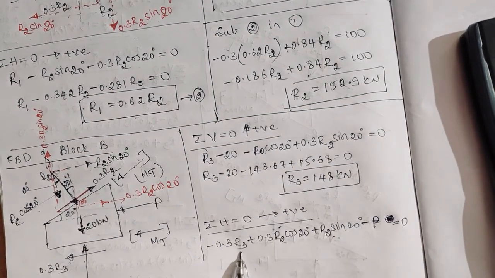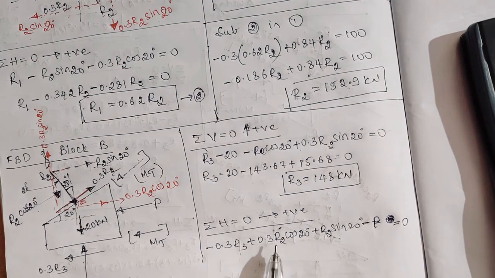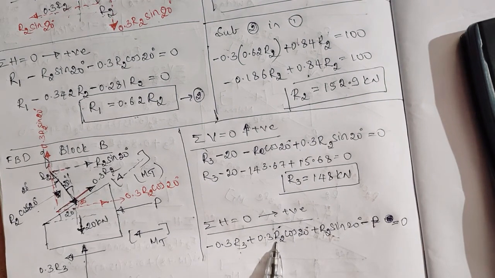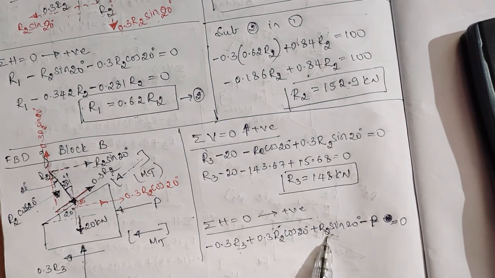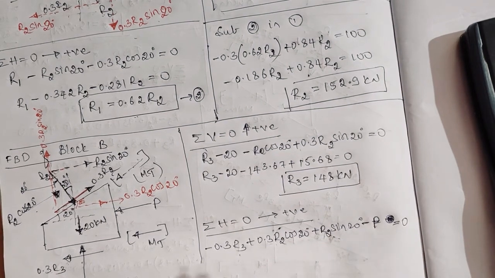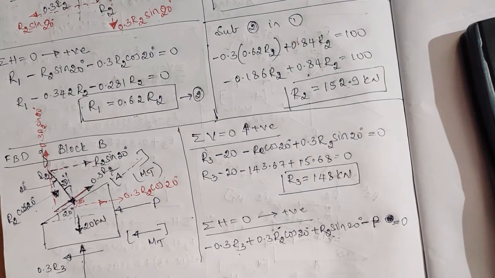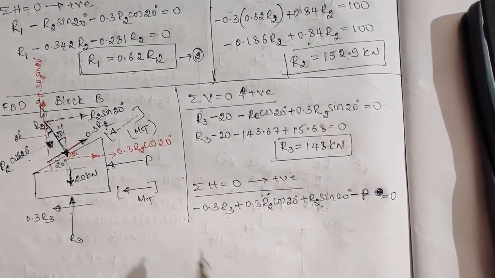Correct. 0.3 R3, then 0.3 R2 cos, then R2 sin 20, then minus P. Yes, correct. 4 forces are there.